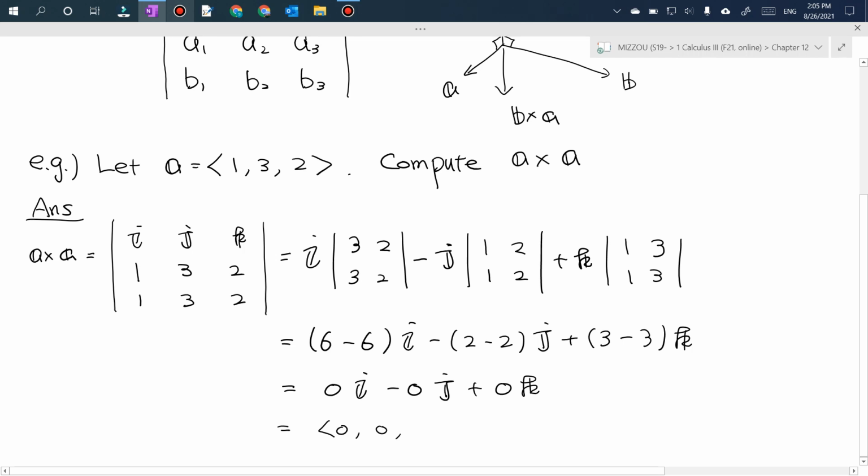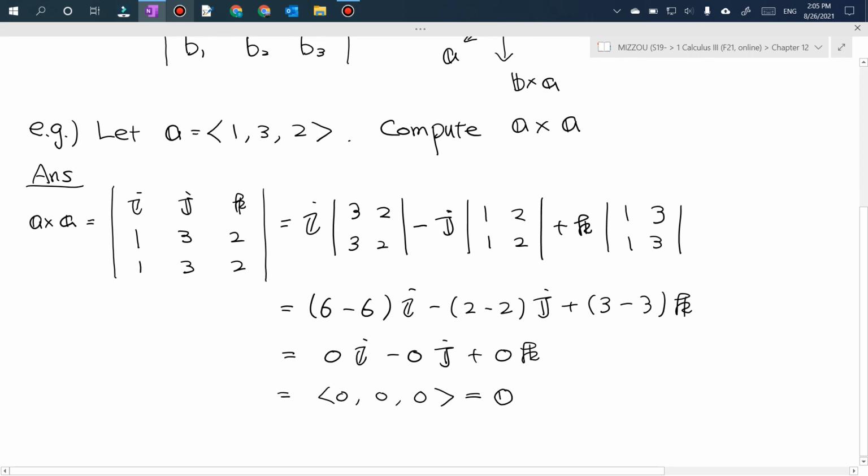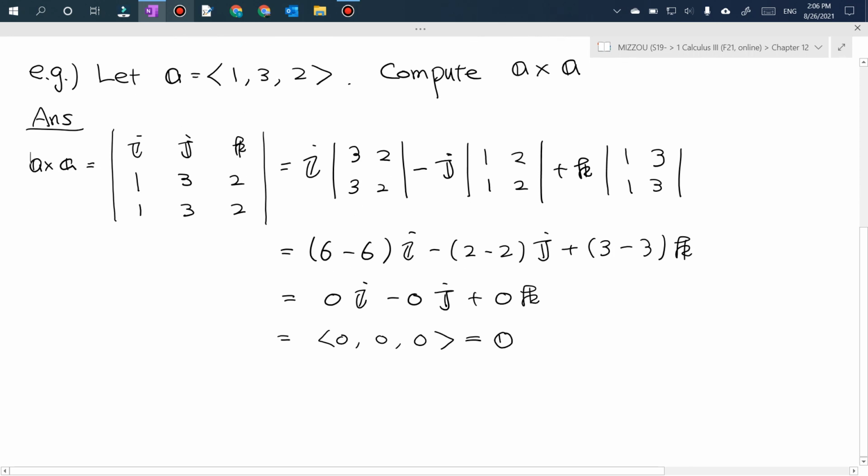And this is not a coincidence. Indeed, in general, if you compute the cross product of a vector with itself, you always get the zero vector. So in general, A cross A is always 0.